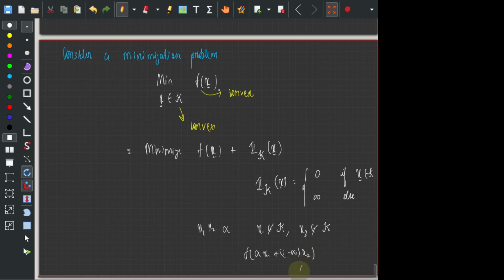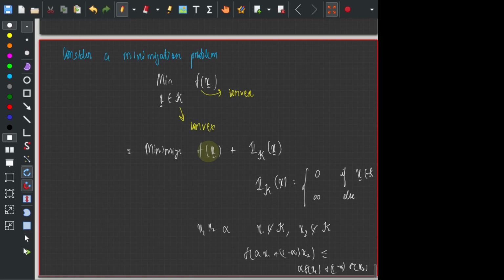On the other side, we have alpha times f of x1 plus 1 minus alpha times f of x2. The right hand side is always infinite. So irrespective of what the left hand side is, this inequality is always satisfied. Right? So this is a convex function. F of x is a convex function by assumption.